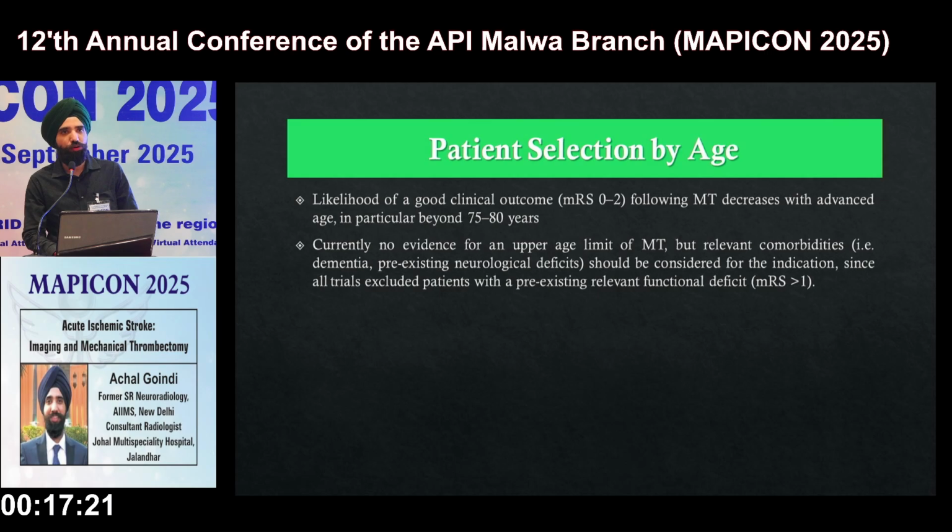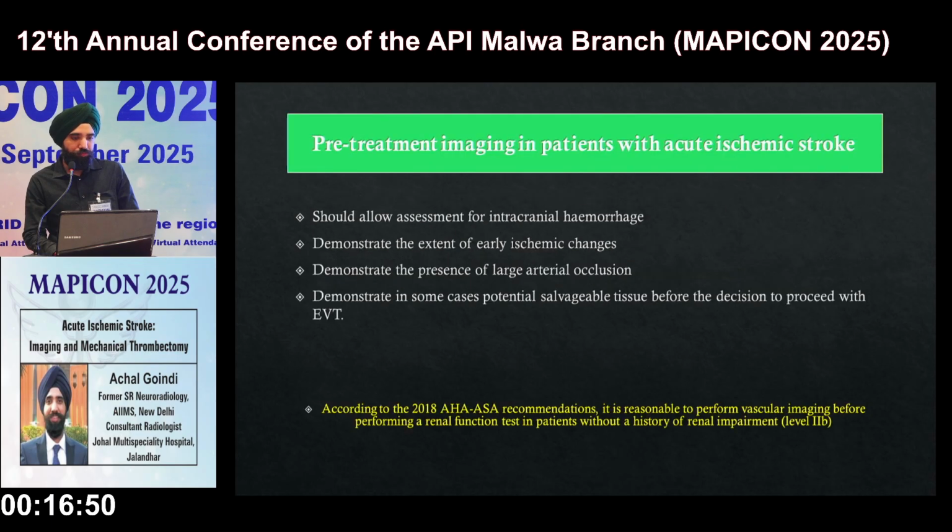Anything which falls in the golden window of 4.5 hours and has clear-cut evidence of stroke should undergo the medical therapy unless it is contraindicated in a few selected cases. But for mechanical thrombectomy, we have certain guidelines which need to be followed. Right now there is no cutoff for the upper age limit, but perhaps as the age increases, the outcome of the treatment is likely to decrease.